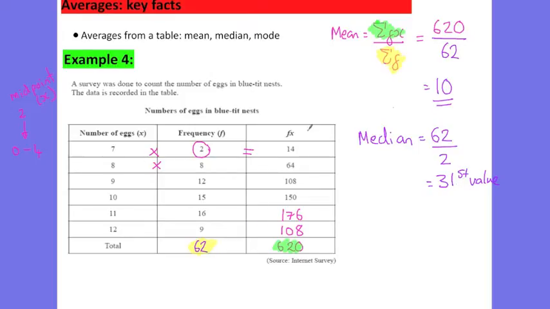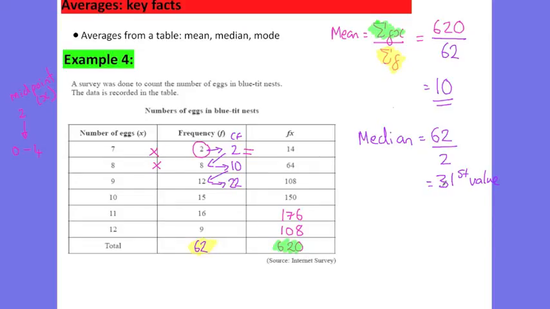How? By looking here at our frequency and adding an additional column for the cumulative frequency, the running total. Our first category is simply 2. Our second category, 2 plus 8, is 10. 10 plus 12 is 22.